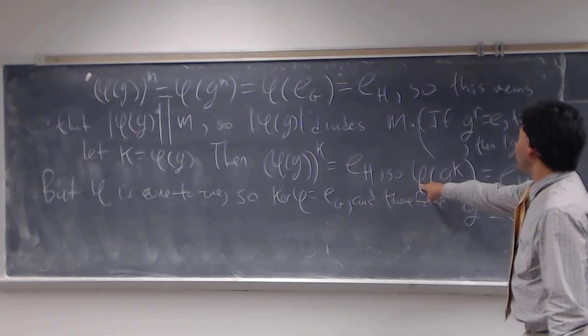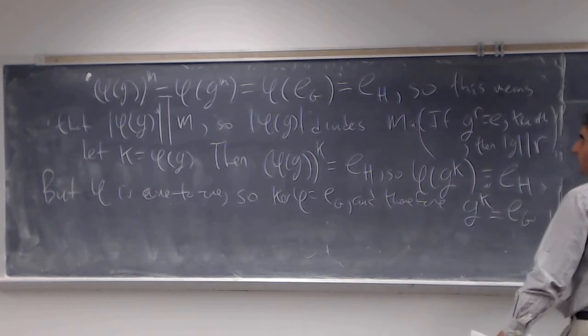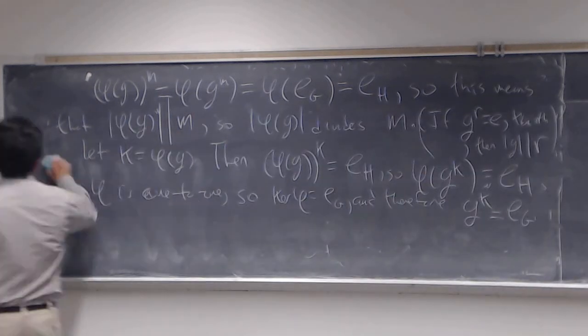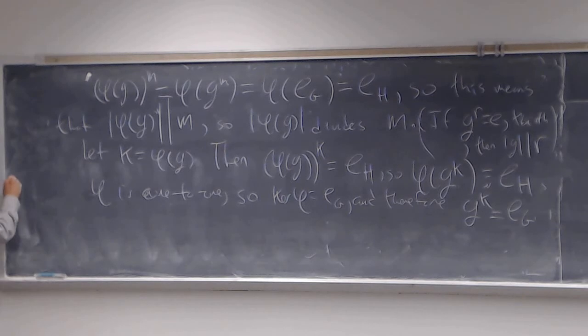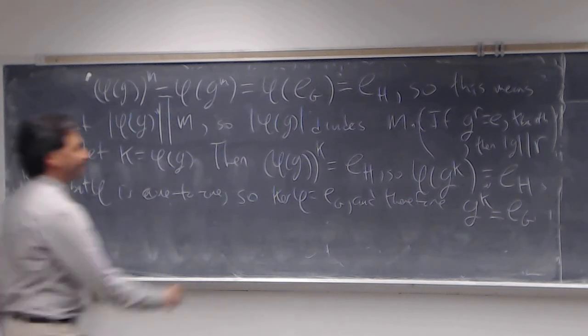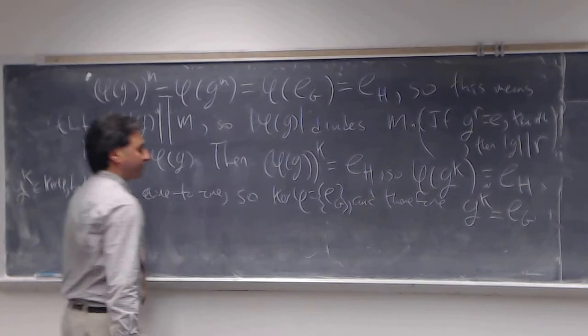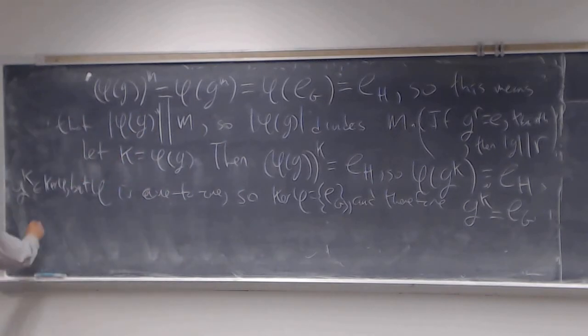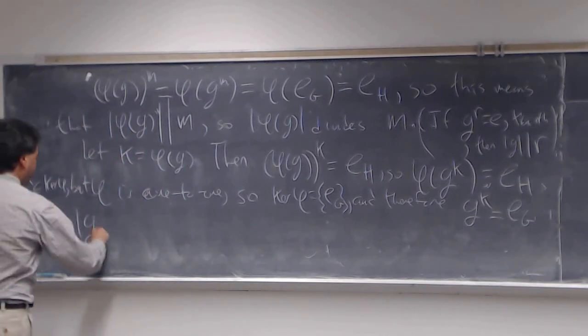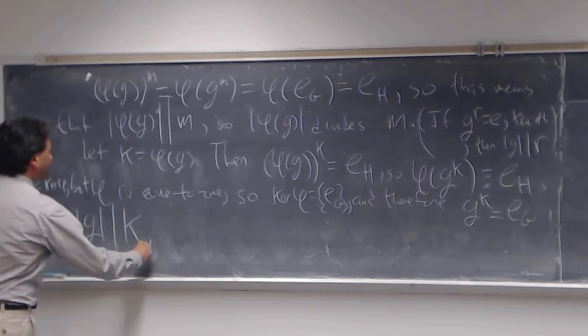Basically, I should have maybe followed up: if phi of G to the K equals EH, we can say that means G to the K is in the kernel of phi, but phi is 1 to 1, so the kernel of phi is equal to the identity. And then by the same remark, the order of G divides K.